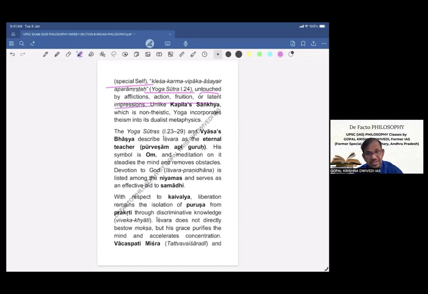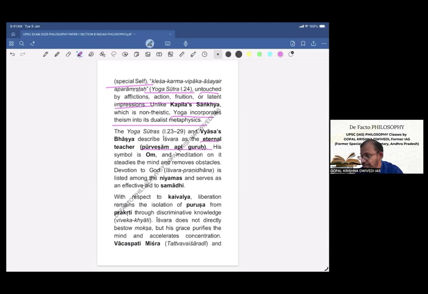Unlike Kapila's Sankhya, which is non-theistic, yoga incorporates theism into its dualistic metaphysics. The Yoga Sutra and Vyasa Bhashya describe Ishvara as the eternal teacher, Purvesham Api Guru.